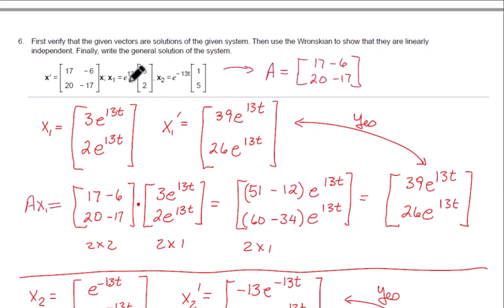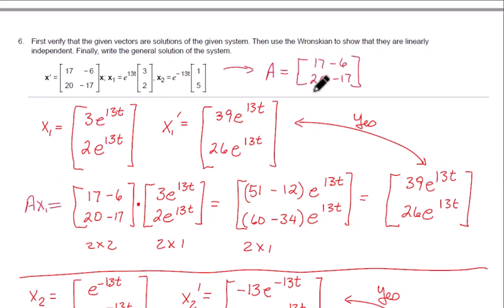And so if I actually multiply this out, here's x1. So, and what is x1 prime? So that's just find the derivative for each piece. So save that. So now let's see if it's true that x1 prime actually is A times x1.